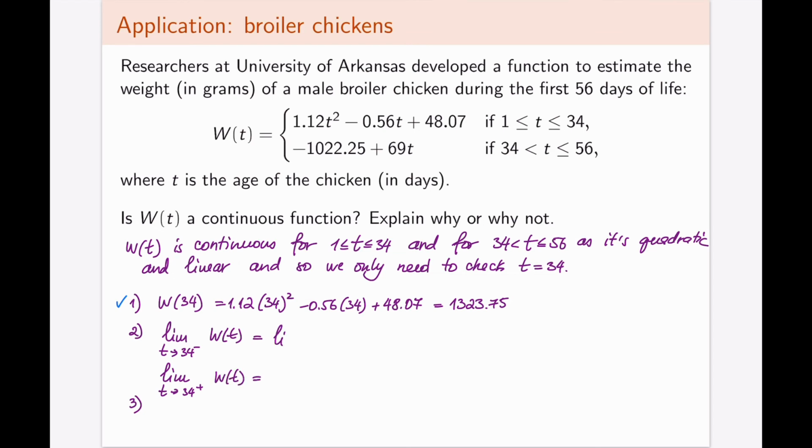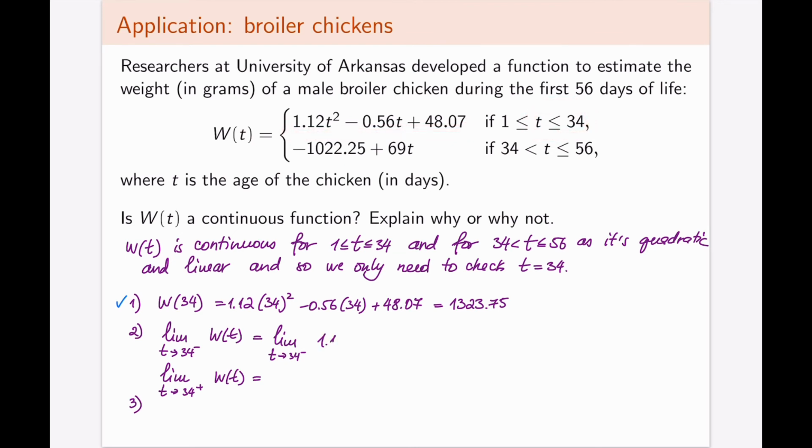Now, as t approaches 34 from the left, which branch of the function am I using, the first one or the second one? If I'm approaching 34 from the left, I'm coming toward 34, but I'm coming from the side being smaller than 34. So I am in this case right here, which means that I will be computing with this piece of the function right here.